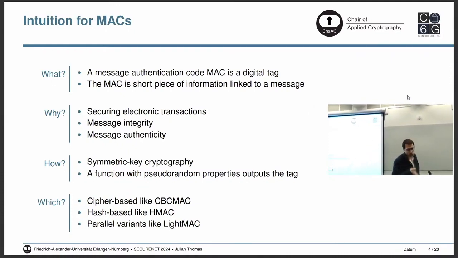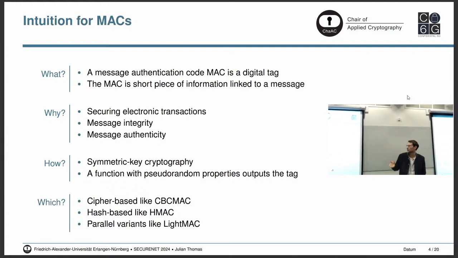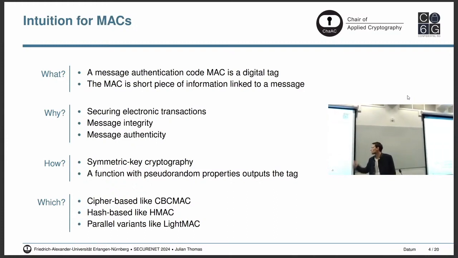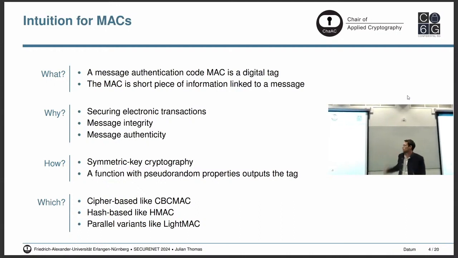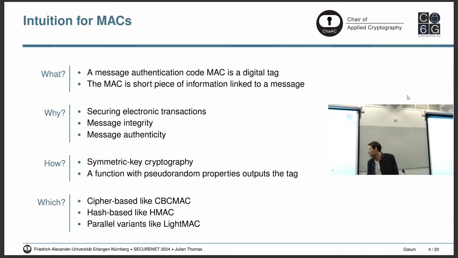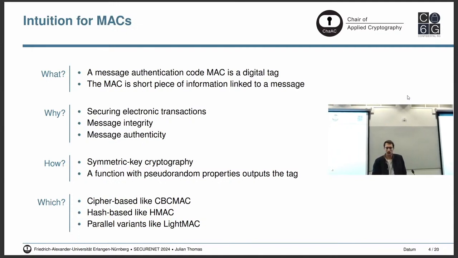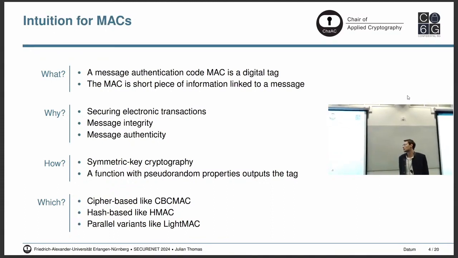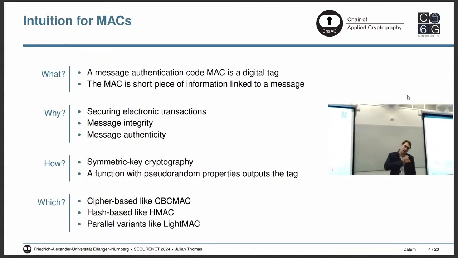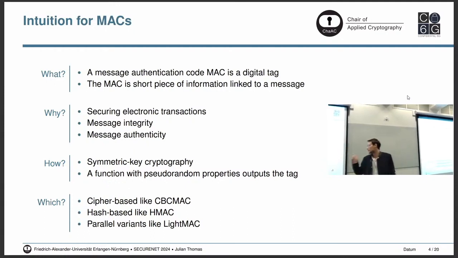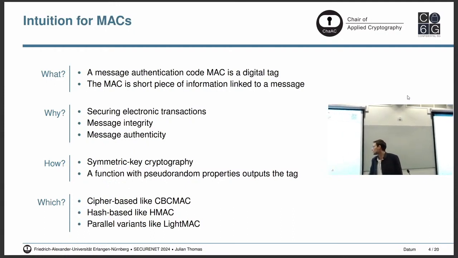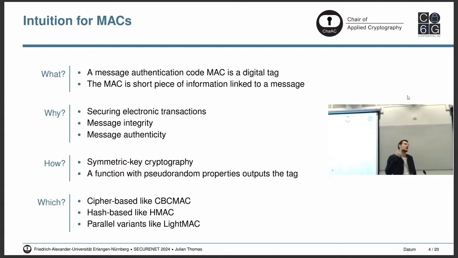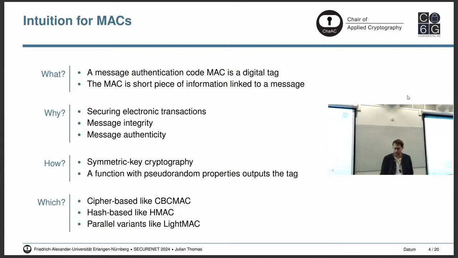Because if we want to ensure goals like the integrity or the authenticity of a message, we need to do it somehow, and message authentication codes are the primitive we use in cryptography. It is a symmetric cryptographic primitive, which is the counterpart to signatures in the asymmetric setting, and normally we compute the MACs using a pseudorandom function keyed with the symmetric key.